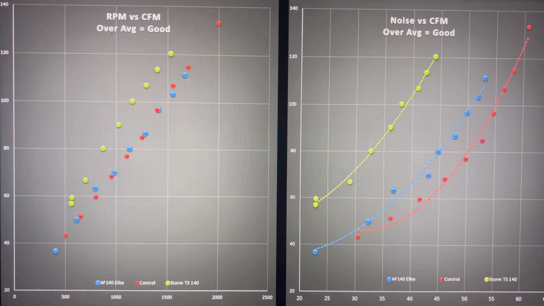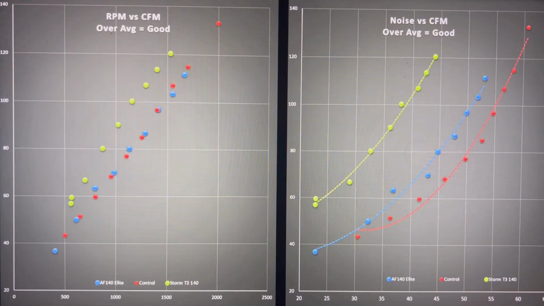Same color markings, and we can see that the Storm is a very good performing fan, with the AF Elite performing right along my control line. As for noise values, the Storm is again outperforming my control and the Corsair Elite. But in this situation, the Corsair Elite is outperforming my control fan.